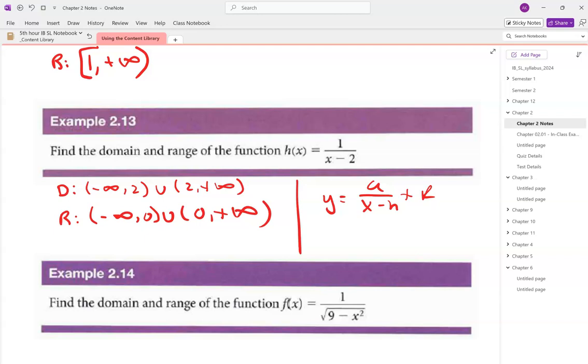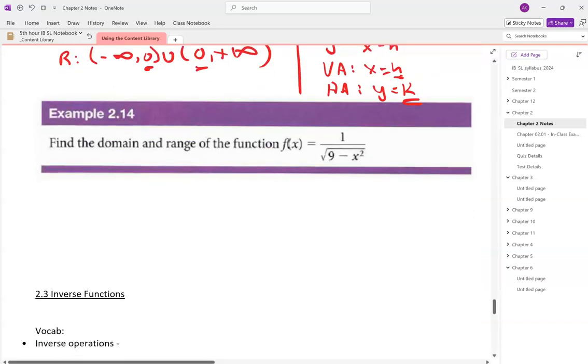So this has a vertical asymptote at x equals h and a horizontal asymptote at y equals k. That k is going to be the hole in the range. That h would be the hole in the domain. So that's an easier way of doing it. It's just recognizing like, oh, I know what this thing is. That's a simple rational function. All I need is the h and k, and I can write the domain and range instantly. That's the way I think about it.